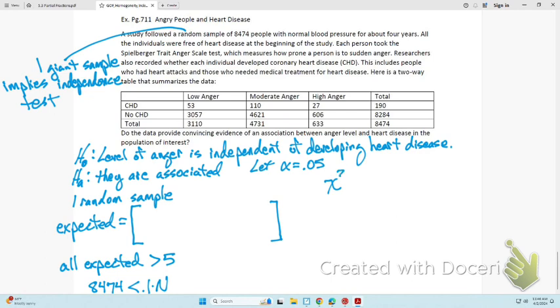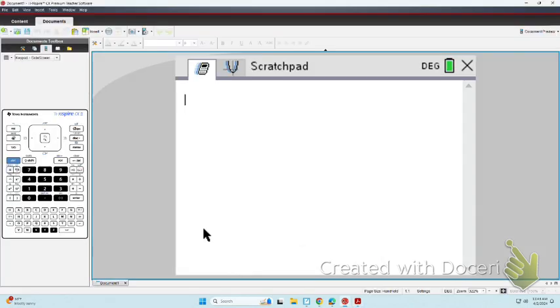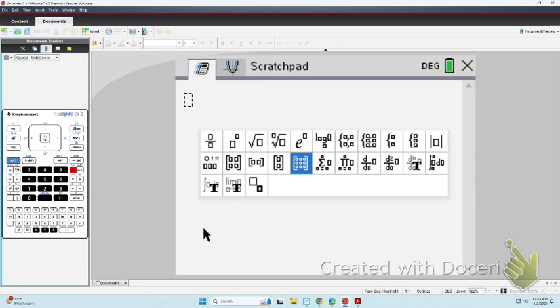Grab your calculator, and we're doing a chi-squared independence test. In the calculator, we need to make a matrix. So I press this button, you see it in red, and then I select the one that you see highlighted, the 3x3 matrix. Even though we don't have a 3x3 matrix, that's the Customize button. So you press that.